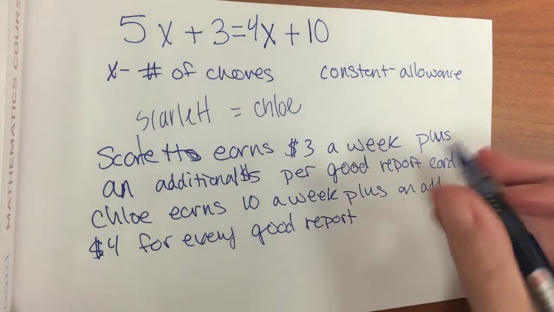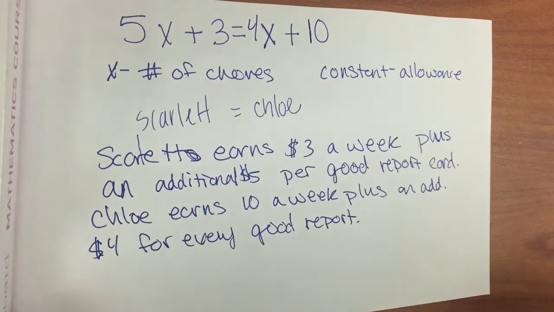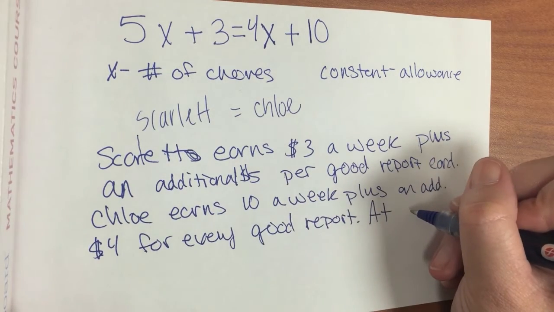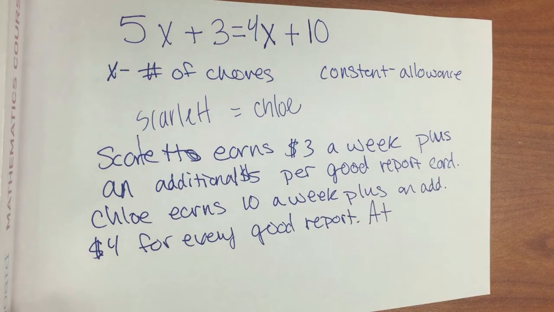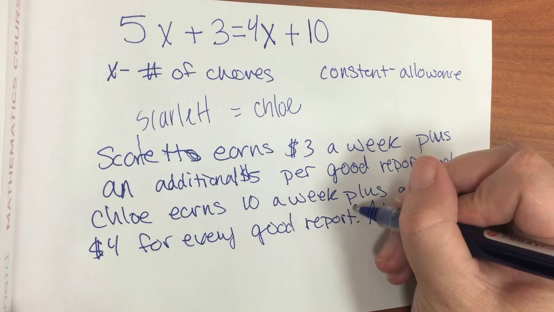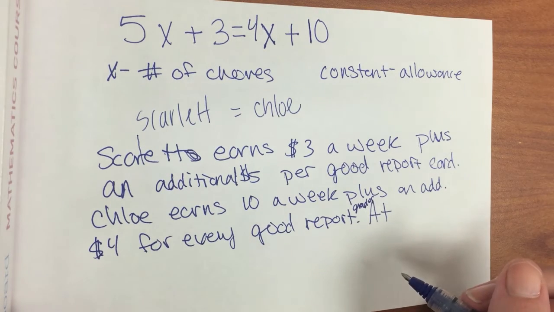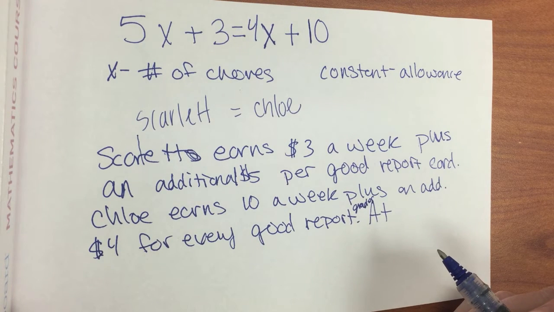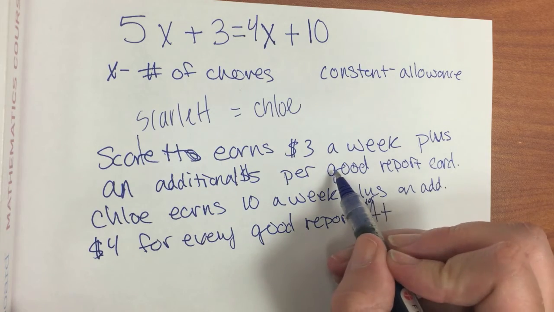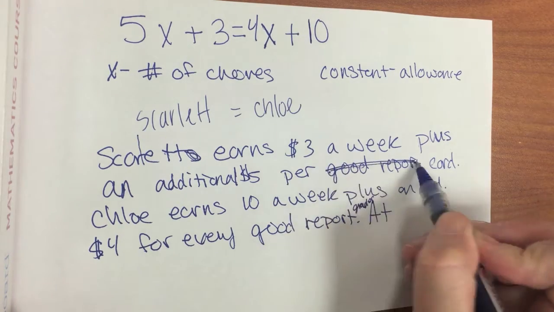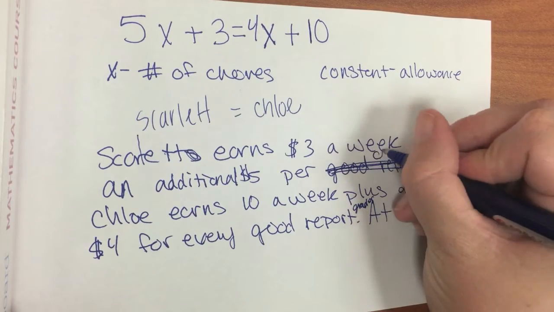Okay, so $4 for every good report card. At what point, at what amount of report card grades? Well, that doesn't make any sense, does it? We need to go back. Should we stick with the chores? Yeah, let's go back to chores. Notice, once again, we tried making it different, but it just didn't work.